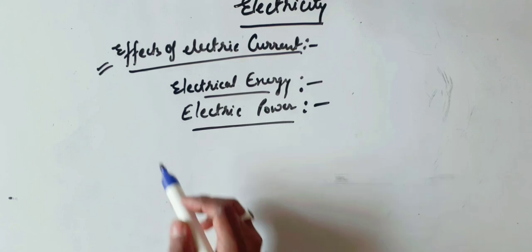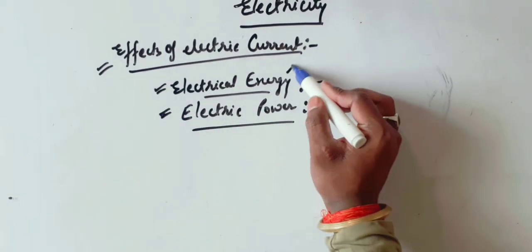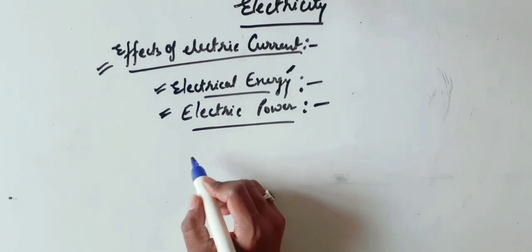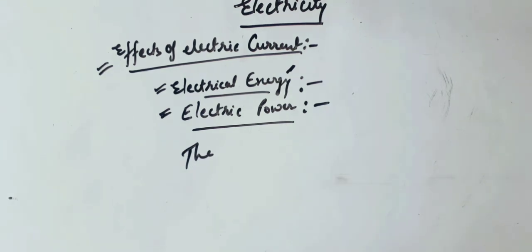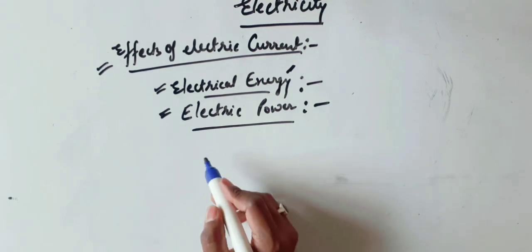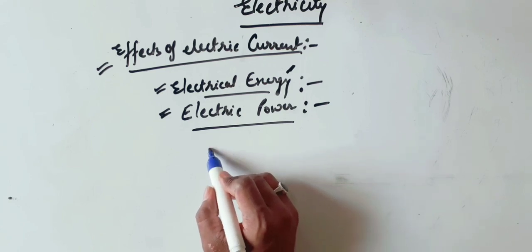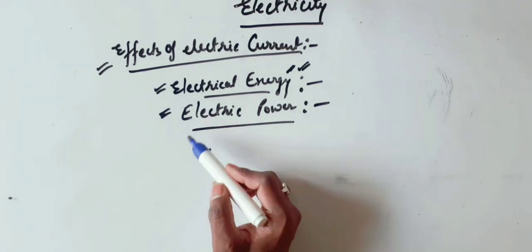Now we will discuss electrical energy and electric power. What do you mean by electrical energy? The capacity or ability of doing electrical work is known as electrical energy.